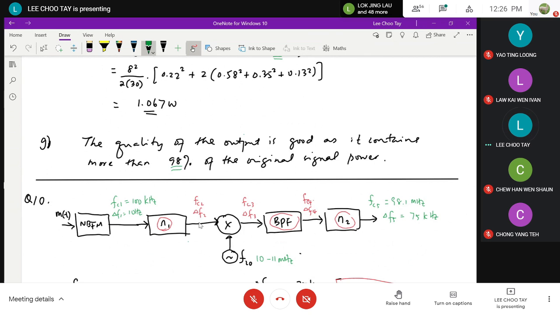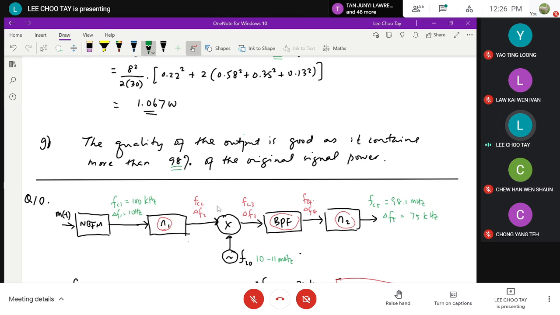This signal is then mixed with another signal of a frequency somewhere between 10 to 11 megahertz. Again, the purpose of this mixing is to change the carrier frequency.